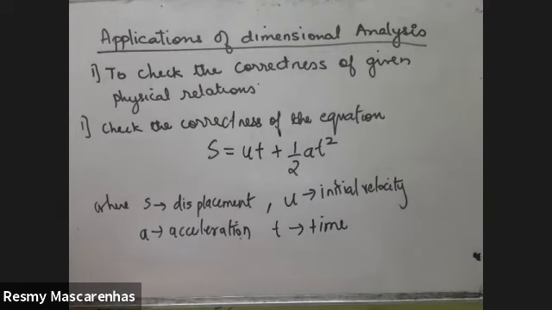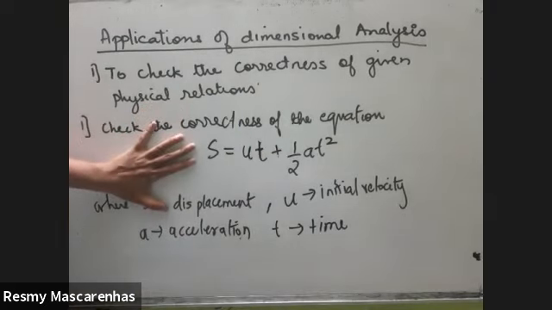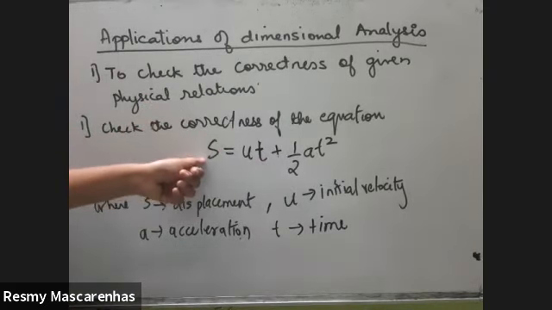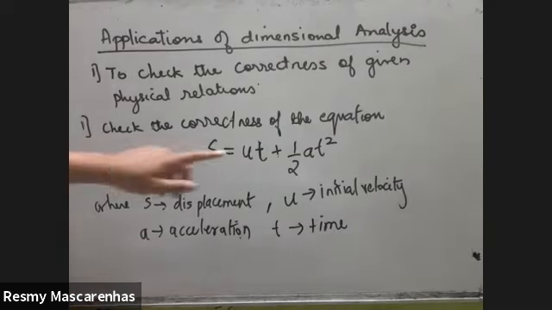Now we have to check whether any given formula is correct or not. We have learned the dimensions. The solution will start like this: every formula has a left hand side and a right hand side. What we have to do is check the dimensions of the left hand side and check the dimensions on the right hand side.